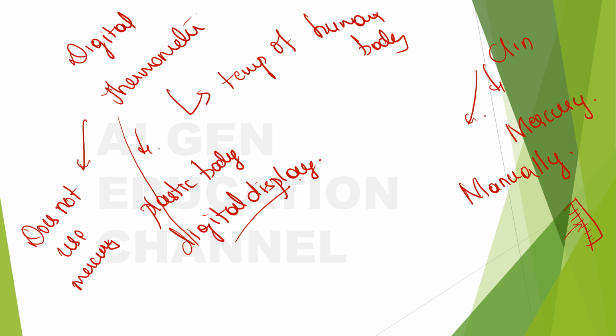Then how does this sense the temperature? It is using sensors. So these digital thermometers use sensors to measure temperature and display the reading. Again, if we have to get into details of what these sensors are, the concepts of thermistors or resistance temperature detectors will come, and all this you won't understand and you don't even need at this point of time.